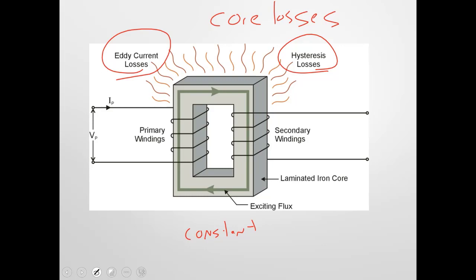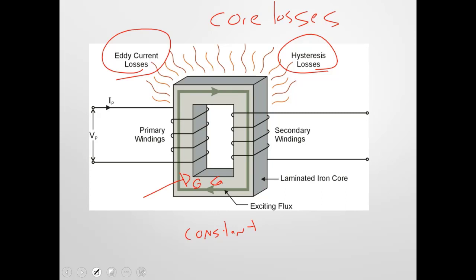Eddy currents are created when we have a moving magnetic field. Because our core is iron itself, it's going to create circulating currents within that core, and it can create heat due to the eddy currents of that transformer.